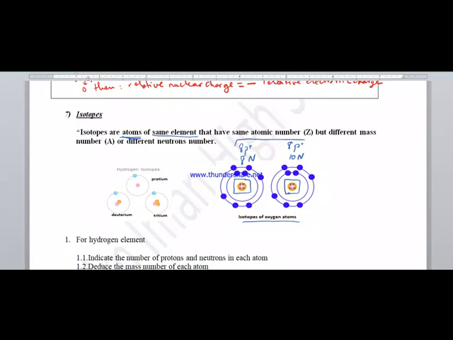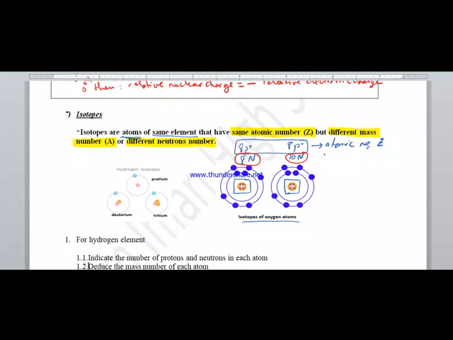They have the same atomic number, since the 8 protons indicate the atomic number, but different mass numbers, or different numbers of neutrons. The first atom of oxygen has 8 neutrons and the second has 10 neutrons, but the same atomic number.